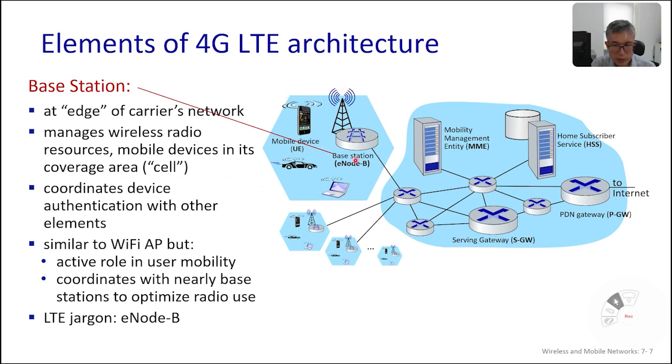It coordinates device authentication with other elements, like the MME, to identify the mobile device UE. It is similar to a Wi-Fi access point, but has an active role in user mobility, coordinating with nearby base stations to optimize radio use for resource management. Node B is the base station for LTE.